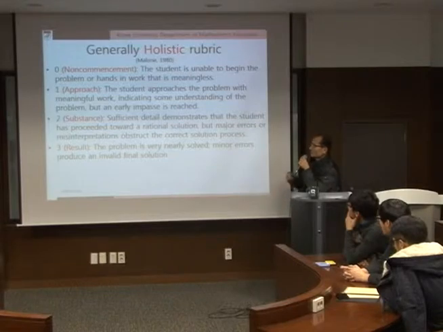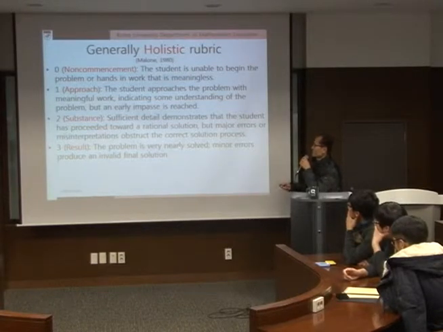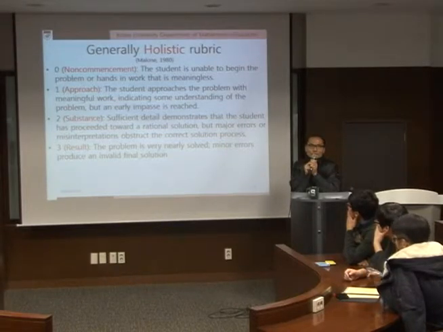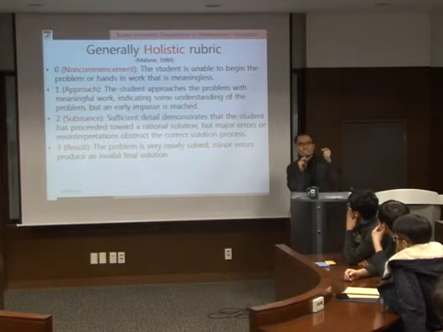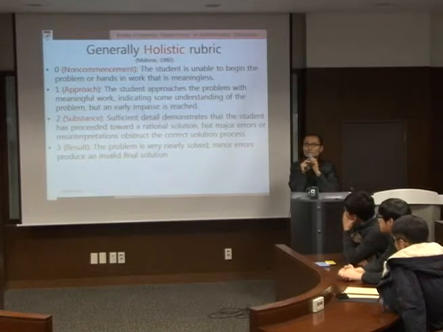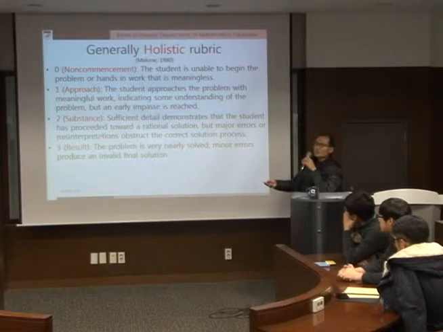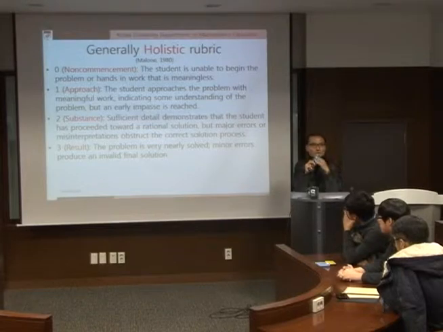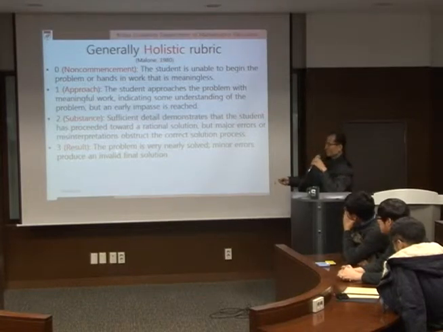Third, result. The problem is very nearly solved. A minor error produced an invalid final solution. In other words, you still need to define minor errors in problem solving, but it's not that easy from time to time. But in terms of a category, probably the 3 points out of 4, a minor mistake or minor error can be considered in this category.